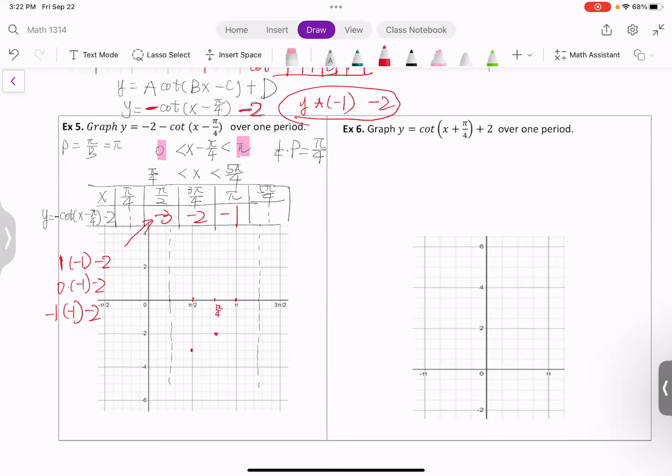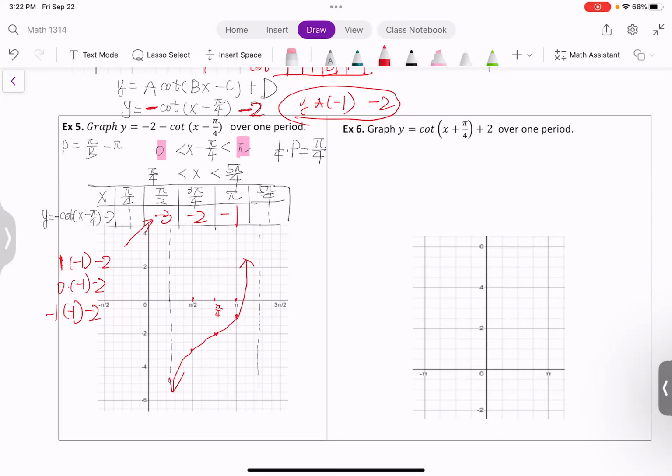Okay, here. And when the x equals pi, we have -1. Okay, -1 here. Follow the graph of the cotangent. So we have increasing function. So this is the new function of y equals -2 minus cotangent x minus pi over 4.